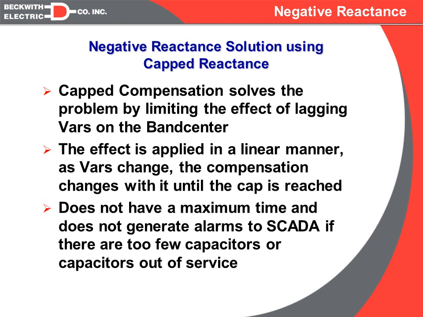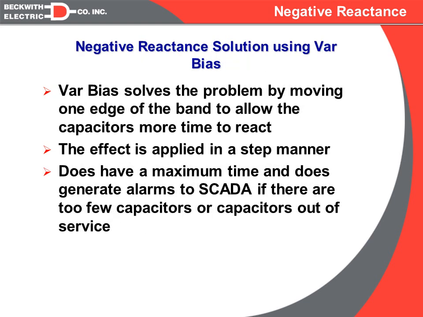The problem with it is it does not have a maximum time, and it does not generate alarms to SCADA. So if we are biasing the band center in a direction to encourage a capacitor bank to close, and there are no more capacitor banks to close, we're going to be biasing the voltage lower, and that bias will remain in effect, and we may experience some low voltage. But by capping it, we can at least control what the lowest voltage would be.